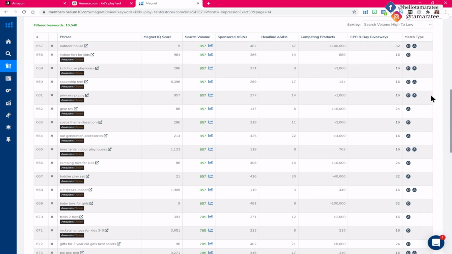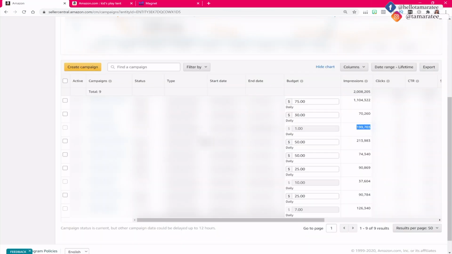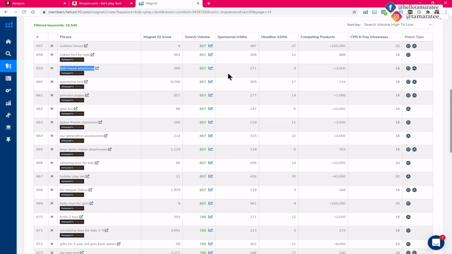So if you are trying to run PPC for kids house playhouse, for the kids play tent, and you have this keyword in one of your campaigns and you are not getting any impressions, this could be the reason why, because the search volume is so low. This is saying that only 857 searches get searched per month.